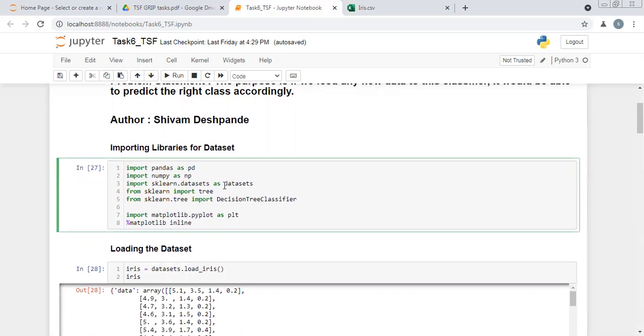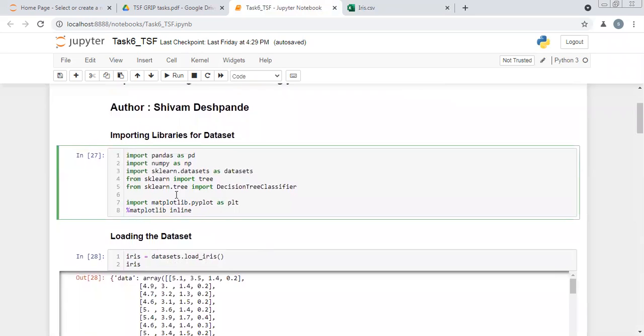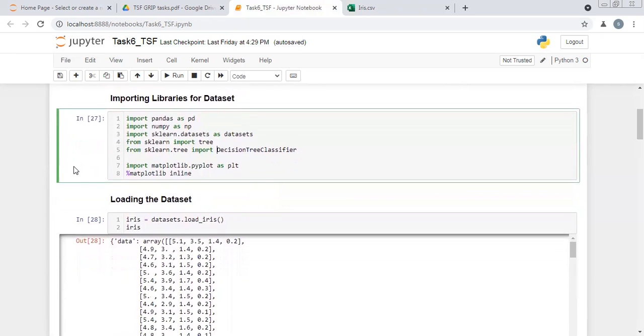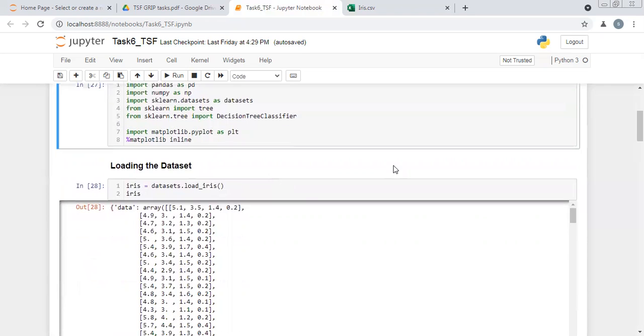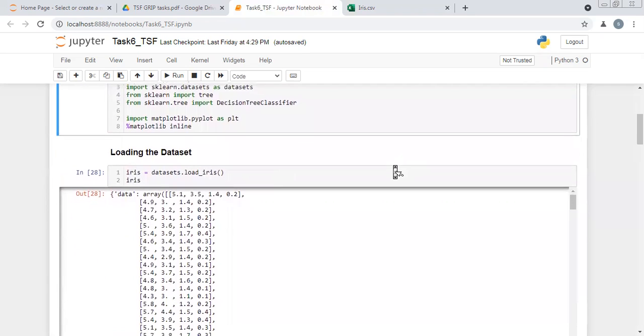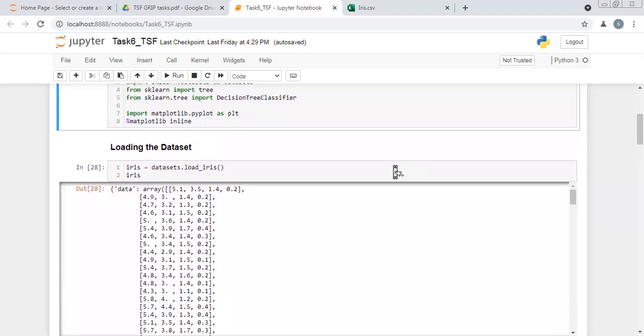Now this is just to load the iris dataset, because sklearn contains a library of datasets where you can find the iris dataset. Then from sklearn I've imported tree and DecisionTreeClassifier. DecisionTreeClassifier is the function that we are going to use for creating our classifier. Then I finally imported matplotlib for plotting this decision tree. I'll tell you how I did that further on in the video.